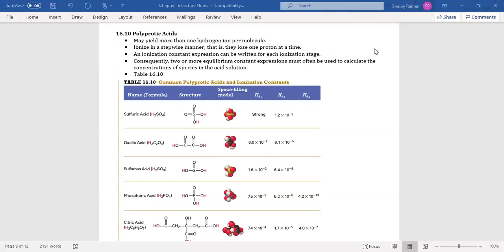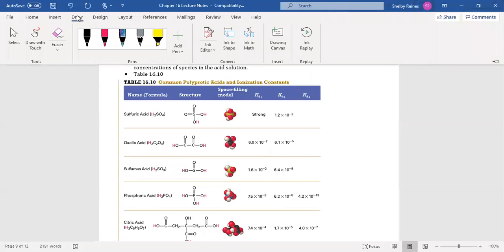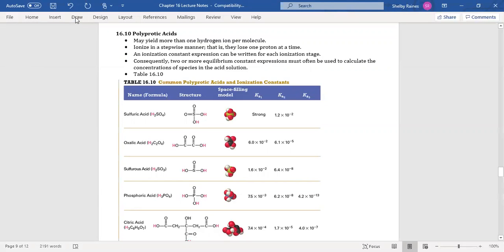So, the last two problems we will work are going to be with polyprotic acids. What is a polyprotic acid? A polyprotic acid just means it has more than one hydrogen ion.